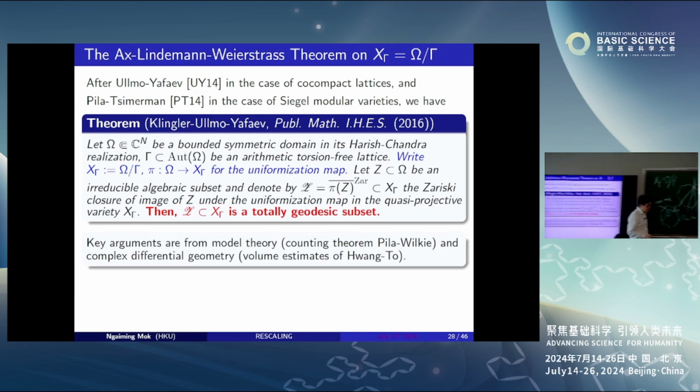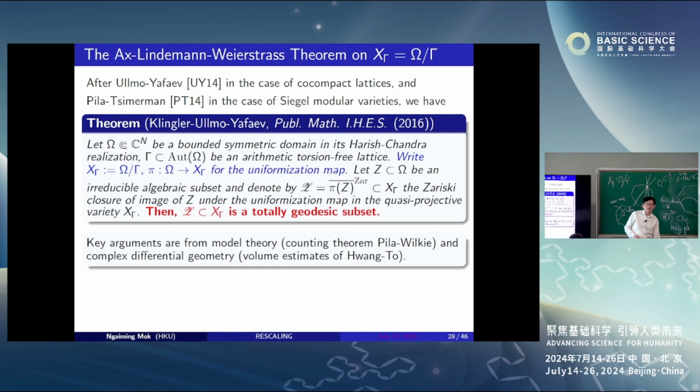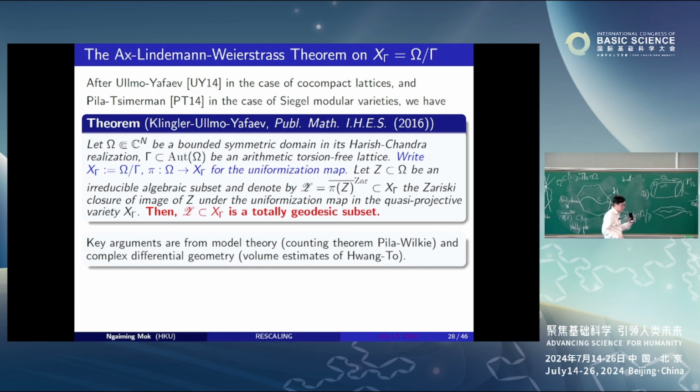Okay, I was led to consider this problem after Wüstholz was lecturing at Hong Kong U. He introduced me to the André-Oort conjecture, and after some discussion, I saw that my techniques, which I was using for a problem in this direction, could be used to attack the Ax-Lindemann-Weierstrass conjecture, but without Gamma being arithmetic. So Gamma can be any lattice.